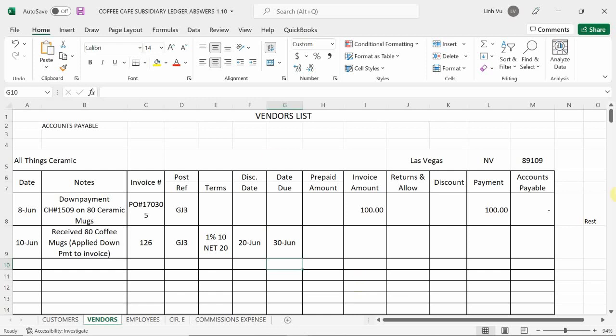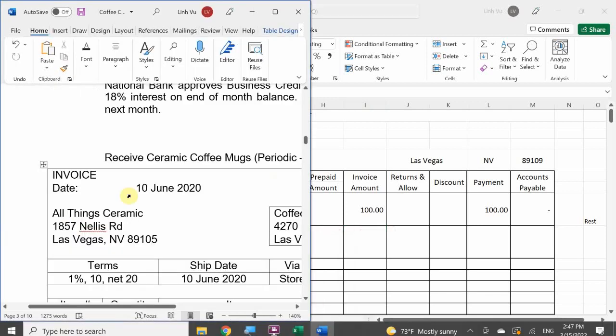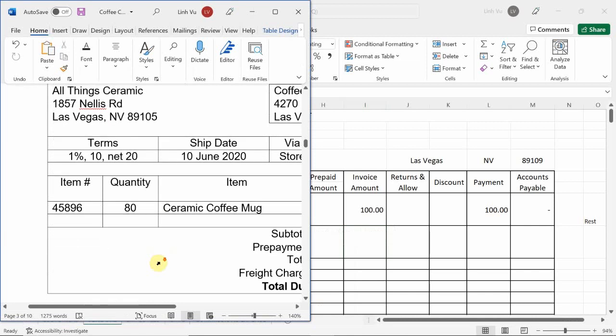Okay? So then again, let's go ahead and utilize this. Now in this case, right, what was my original bill amount? If I didn't have a down payment, what would be my original billing amount?